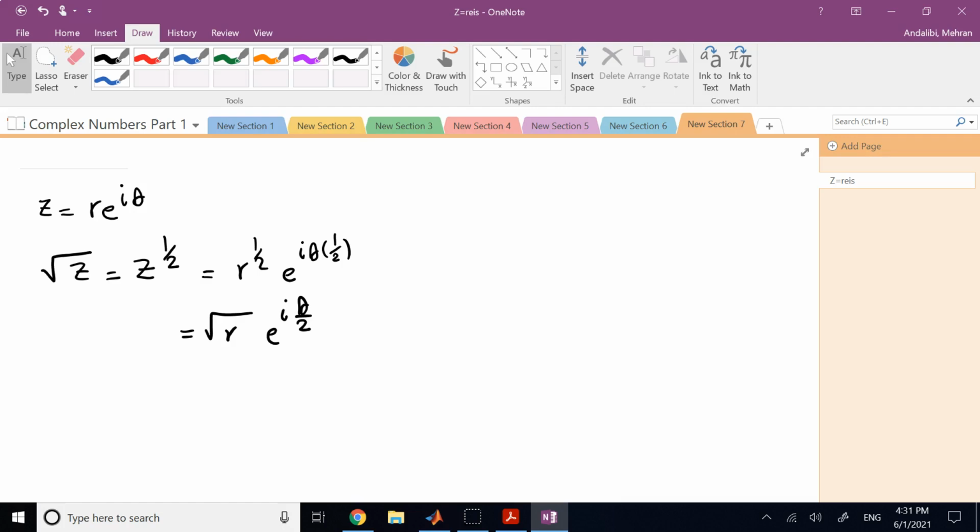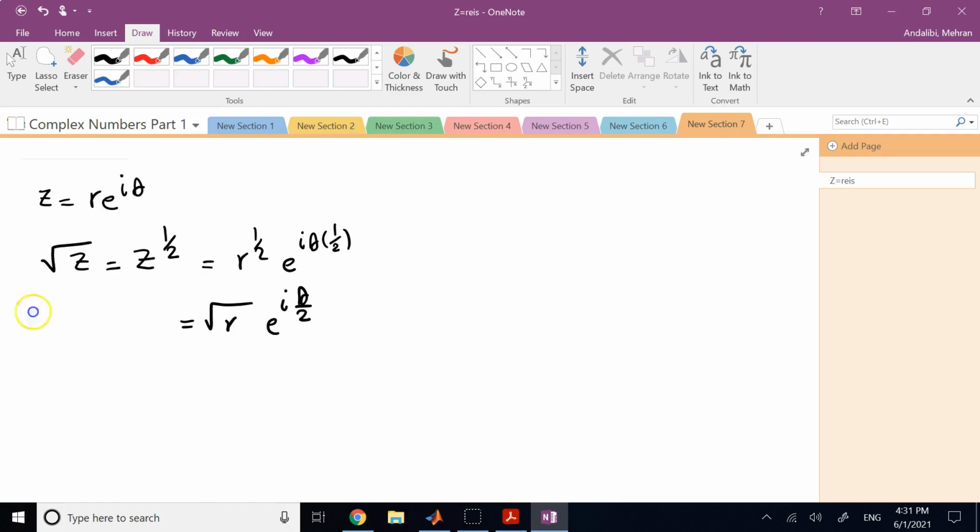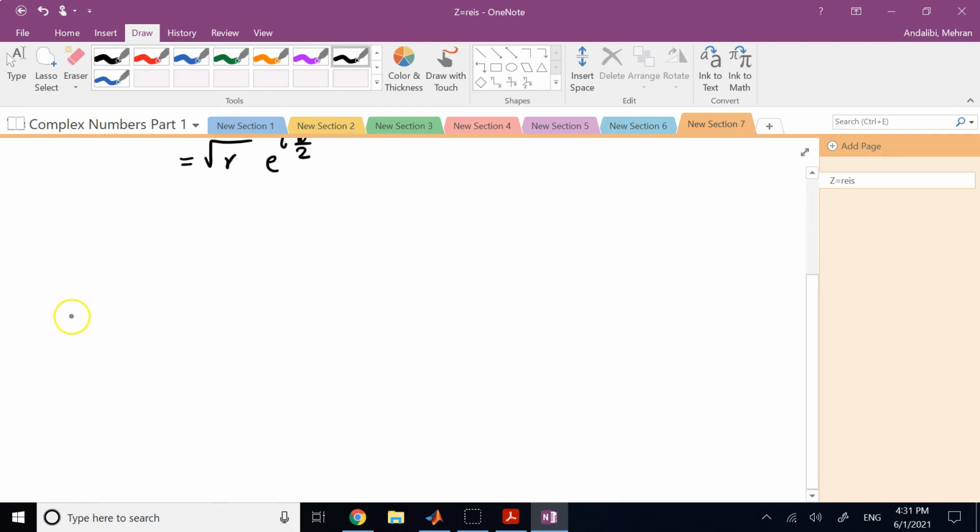That comes from this important property, that this exponential function e to the I theta is a periodic function. What is e to the I theta plus 2 pi? If I add 2 pi to the argument of this function, what happens?